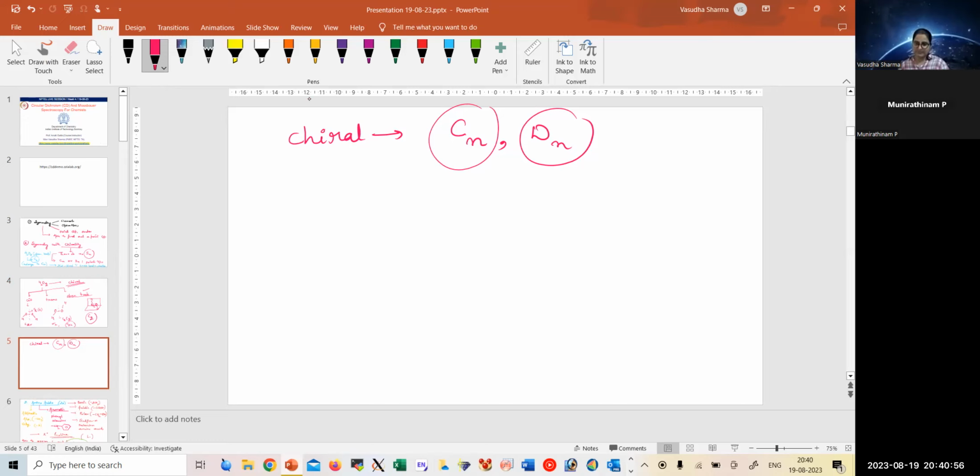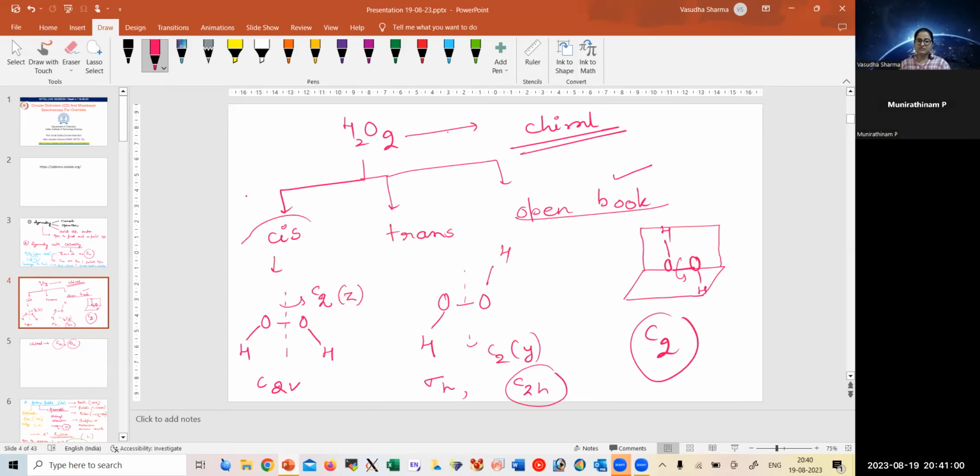It's true, ma'am. So now we saw that H2O2 cis form gives us C2v. So it does not belong to Cn or Dn. So this is not chiral. The trans form also belongs to C2h, which does not come under Cn or Dn. So this also is not chiral. Now the open book form, if you see here, belongs to C2.